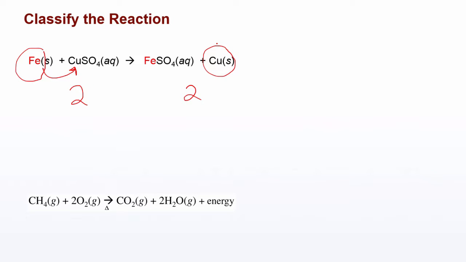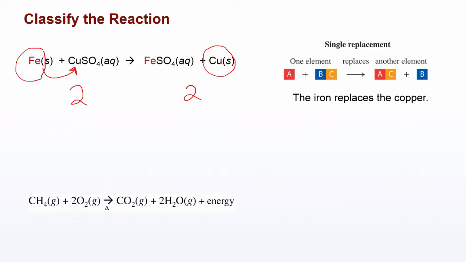So what's happened is not a double, but a single replacement, because you've started with a compound and a simple element, and you've ended with a compound and a single element. If it was a double replacement, you'd have two compounds to start, and you'd end up with two compounds. So the difference is the presence of the element there.